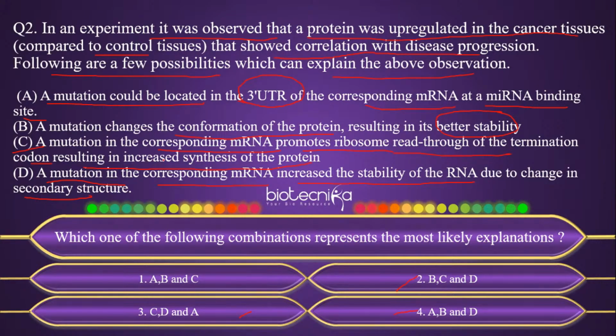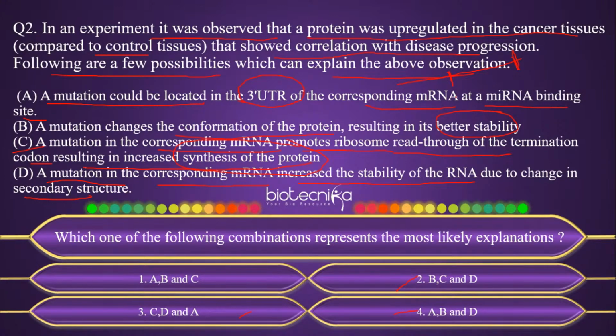So if we have a protein and it reaches the termination codon, is there any chance of increase in the synthesis of proteins? Can you say that? Suppose this is your polypeptide. Instead of terminating here, it will be terminating here.